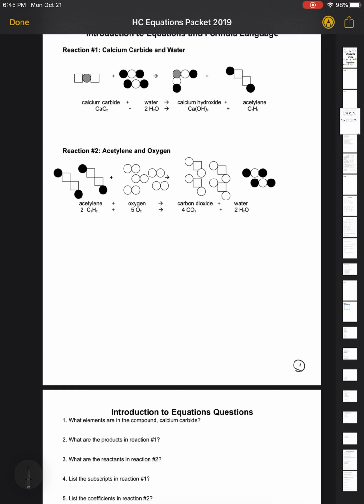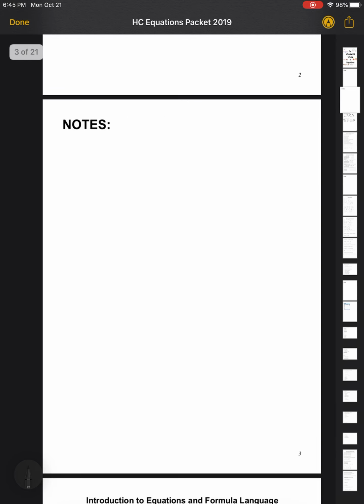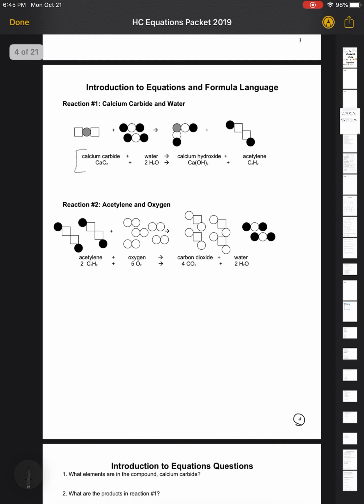What elements are in the compound calcium carbide? And so if we look at calcium carbide up here, we can see that we're getting both calcium and carbon, and so we would go ahead and write in calcium and carbon. All right, and so we're using this information to help us out.